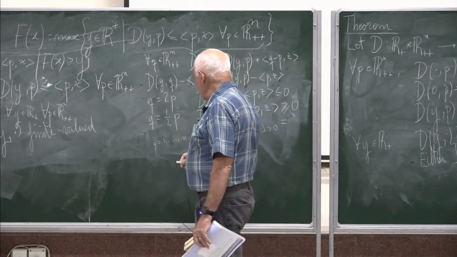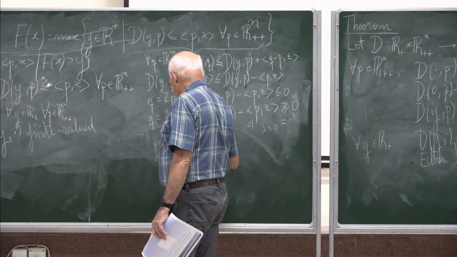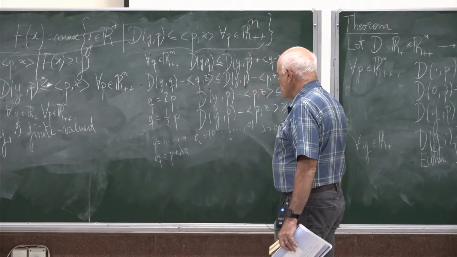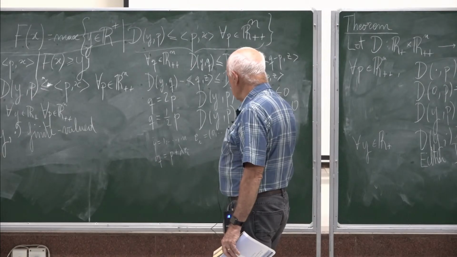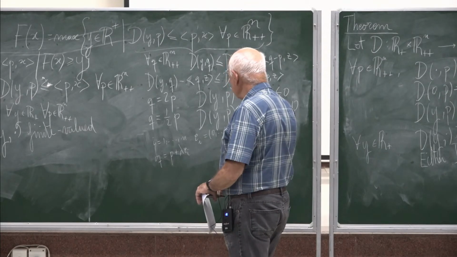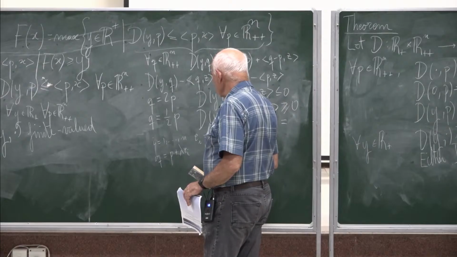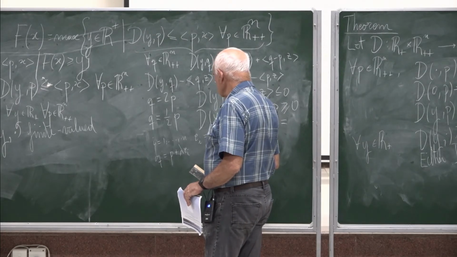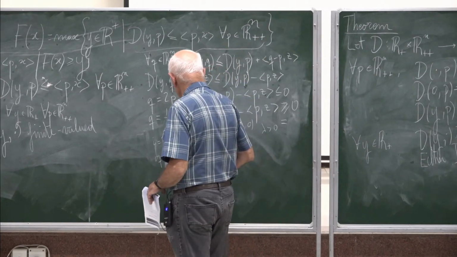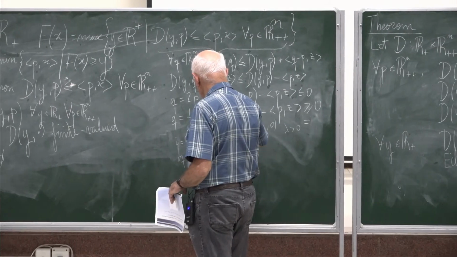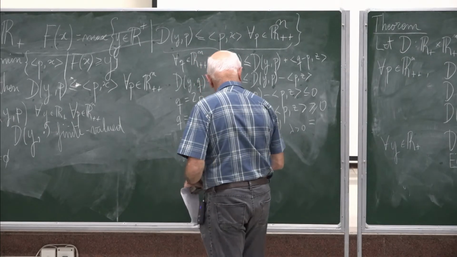And I am going to consider q equal p plus lambda ei. Okay? Is this correct? No, even simpler. I don't need to consider any lambda. So simply p plus ei. I think it works.